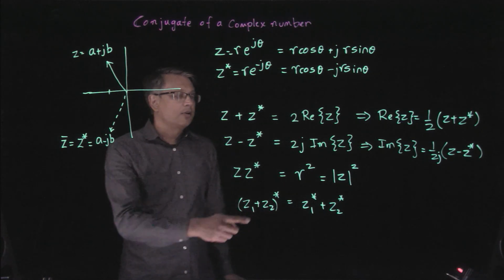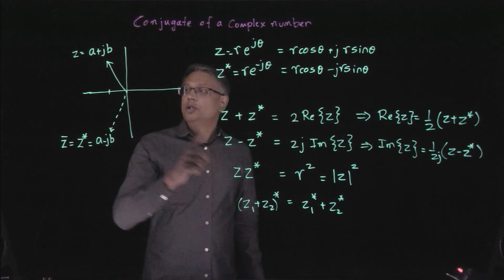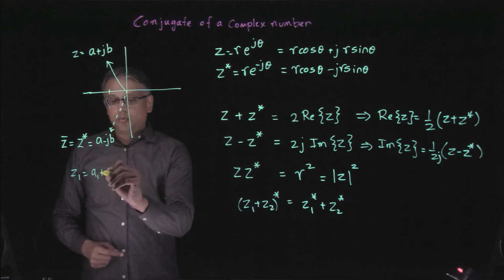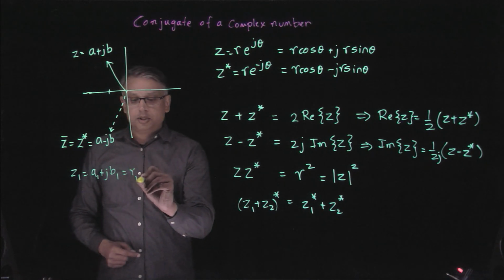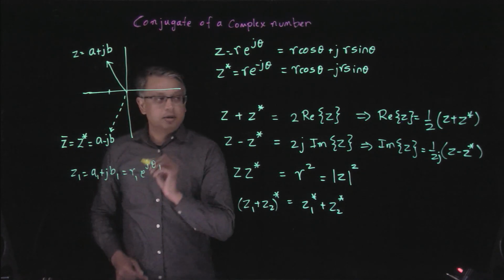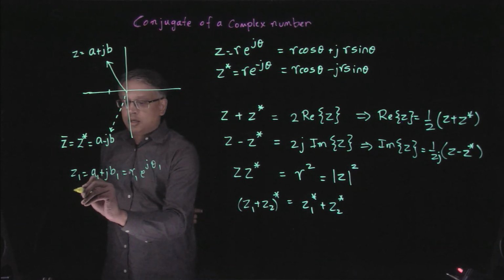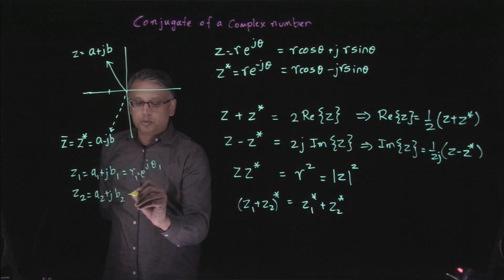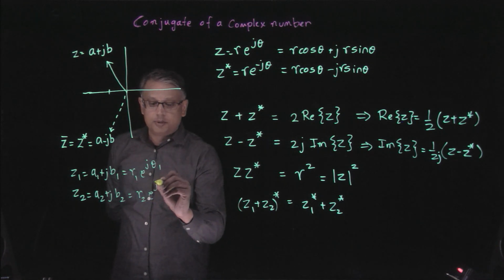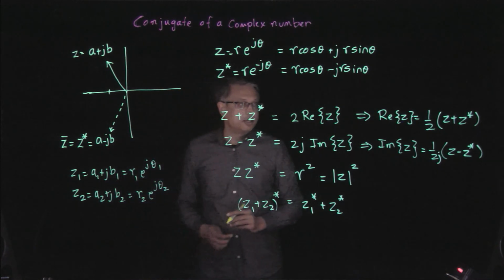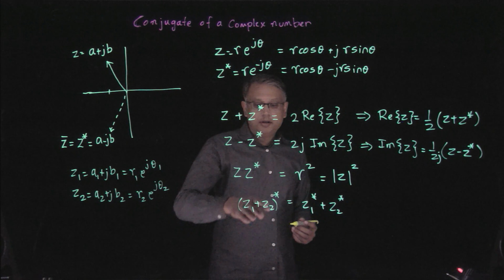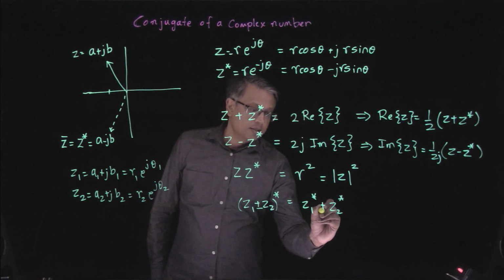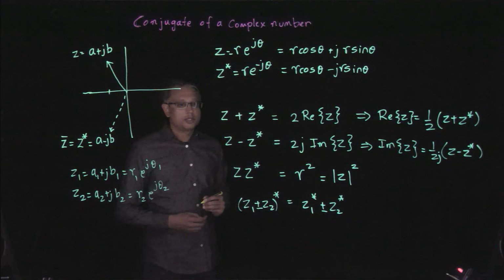You can just write out Z1 and Z2, maybe we say that Z1 is A1 plus j times B1, which is R1 times e to the j theta 1, and let's say Z2 is A2 plus j times B2, which in polar form is written as R2 times e to the j theta 2, and you can simply verify these expressions. And this is true if you subtract Z2 from Z1 as well.